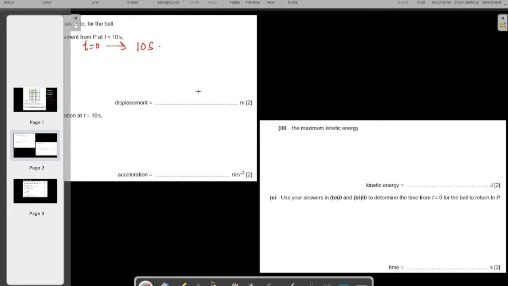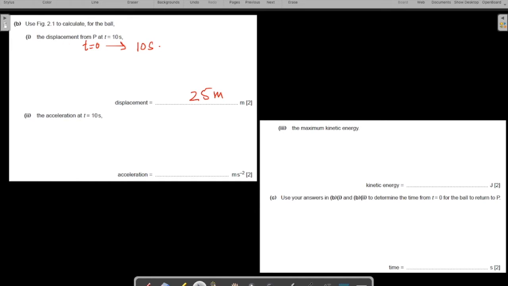So the answer here should be 25 meters. The displacement, as we have understood, is same as the distance in this case, because the velocity is in the same direction throughout. Initially it is accelerating, then it starts to decelerate and come to rest. Alright, so first part is done.